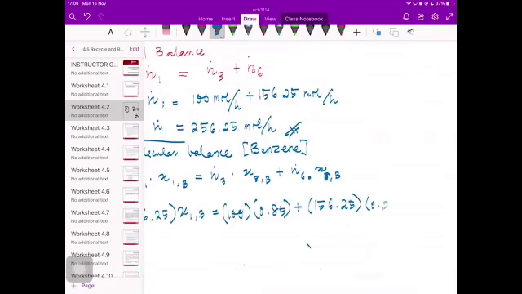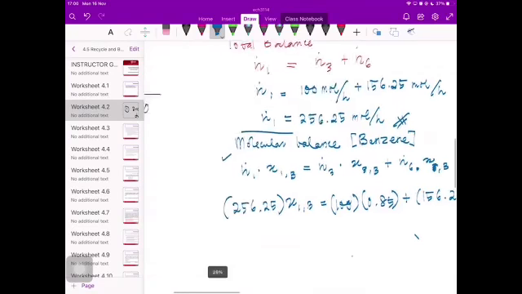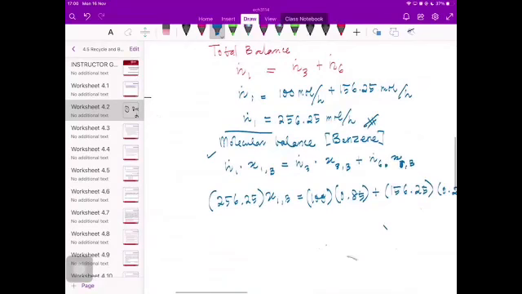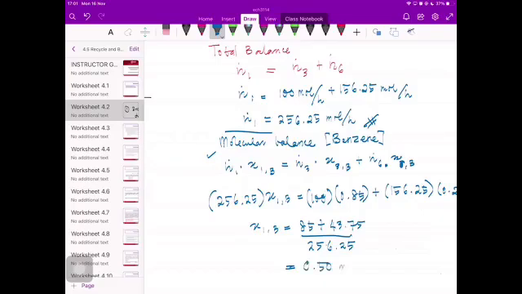Have to make sure units are there. So our X1 benzene is equals to 85 plus 43.75 divided by 256.25, and we are getting 0.50 mole of benzene per mole.